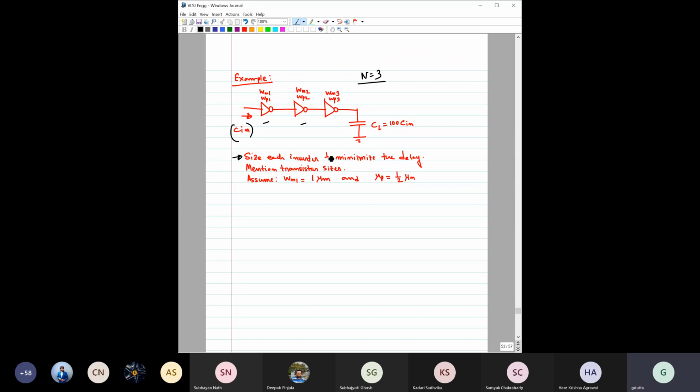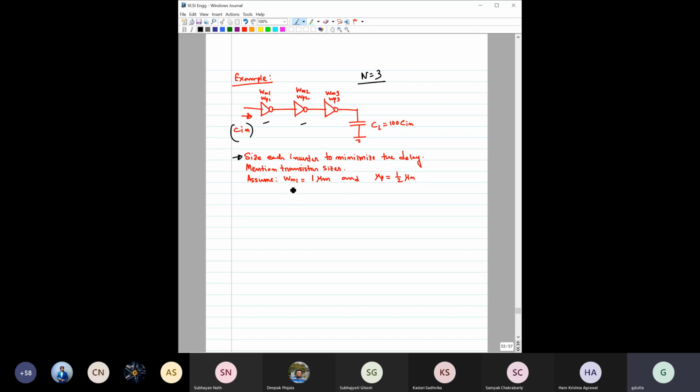Then it mentions the transistor sizes. Here you can see WN1, WP1, WN2, WP2. These are mentioned, and we need to find them. What would be the width? Size basically means the width, because for a particular technology, L is constant, right?